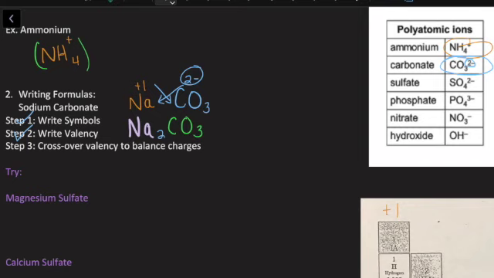If I were to change this 3 right here, it would no longer be carbonate, and it has to be carbonate. So if you wanted to, and I would recommend this, I would keep this in parentheses so you know to keep it together. Alright, so then you would bring this 1 down here. And remember, if there is a 1, you don't have to write it because it's assumed. Alright, and that would be your answer. Na2CO3.